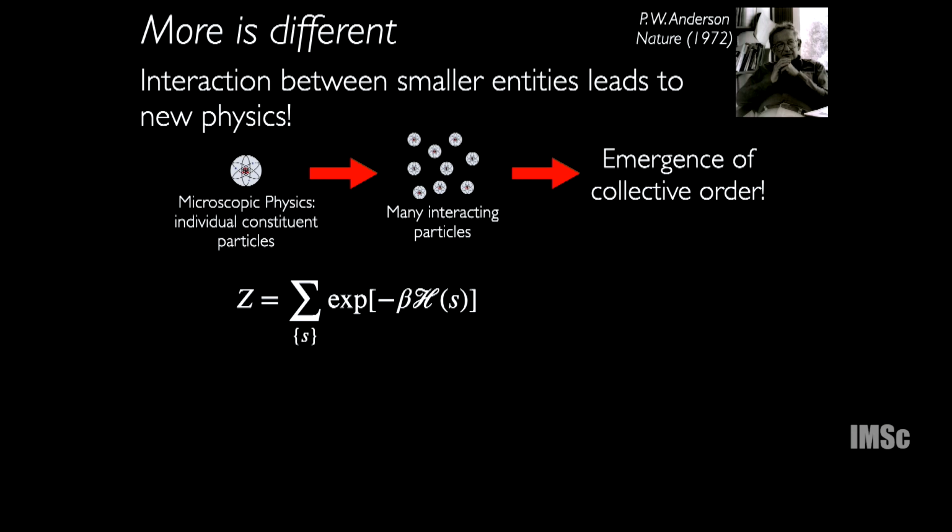Now, in most cases you cannot calculate this, because of the complexity of the problem or the kind of interaction between these individual entities. If you are able to calculate this quantity, then this is your gateway to macroscopic properties of the system. The simplest example is if you have a partition function for a simple non-interacting gas, you can derive the macroscopic thermodynamic laws which are well understood. But as I said, in most cases it is not possible.